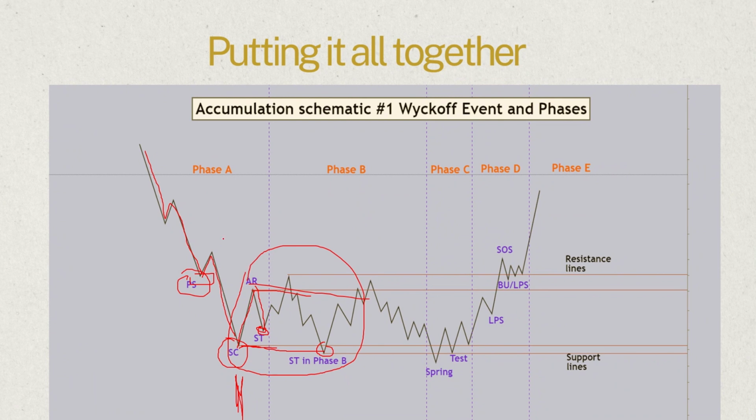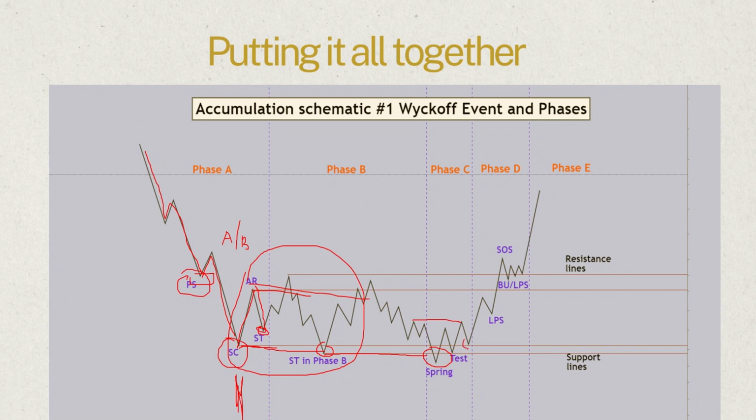Then it's going to be either phase A or B. And you cannot have a spring action in phase B. It has to be phase C. So what you do is wait for the market to take out liquidity of this level. That is when you have your spring, and this could be taken advantage of. And then how do you know this is going to be a change of character? You have a change of character here, the break of market structure.